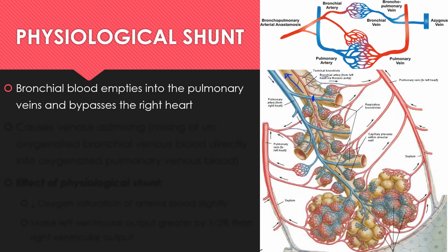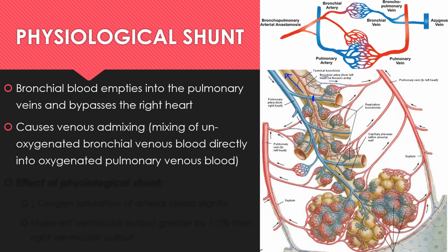After nourishing the lung and the respiratory organs, the blood then moves directly into the pulmonary vein. So it bypasses the right heart and directly enters the left heart.